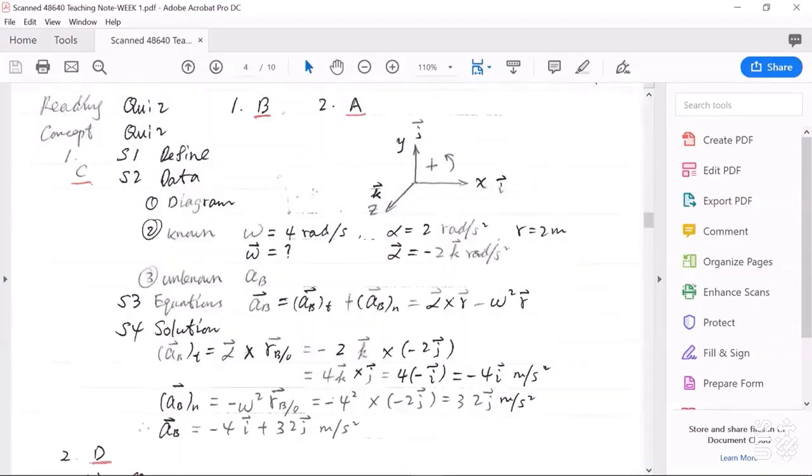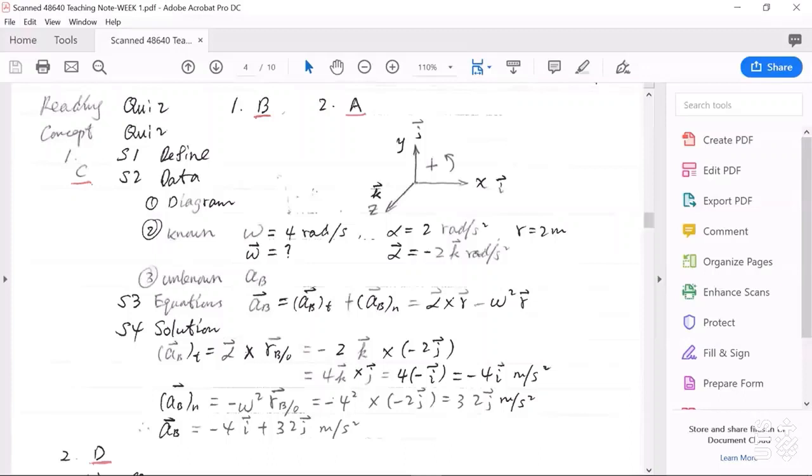After defining the problem, now we can have a diagram. For this easy problem, for the disk, we can use the diagram in the problem, but we need to define a coordinate system. And here, I defined a conventional X, Y, Z coordinate system.